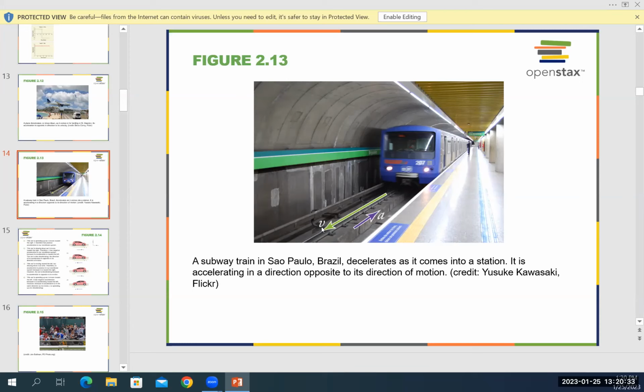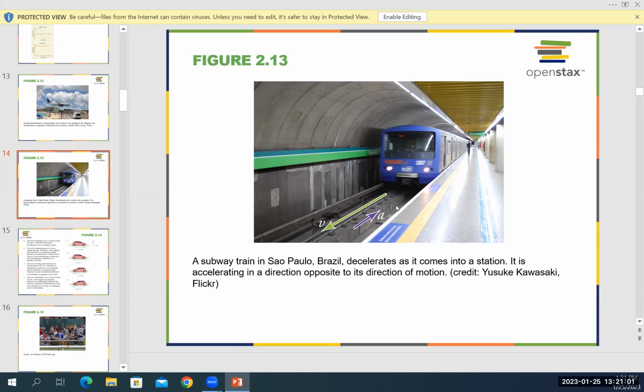Well, if you think about this mathematically, try to imagine this dynamically: as this acceleration vector gets big, this velocity vector is going to get small. When the two are equal to each other, now we've stopped, right? Because we're going forward as fast as we're going backwards, or as we're changing our direction backwards. So we're going to slow down.